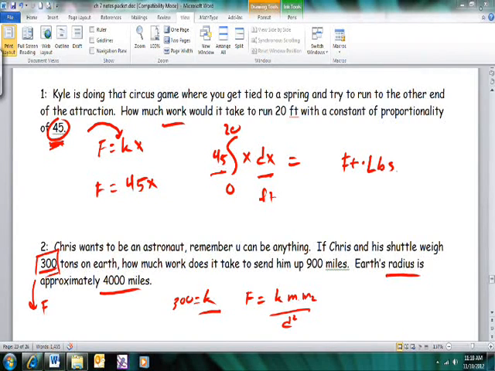So you're sitting out here on Earth's radius, ready to blast off into space. You're feeling some gravitational force because you are some distance from the center of the Earth. If you were at the center of the Earth, your distance would be 0, and if you look at the formula, you're dividing by 0, an infinite force.